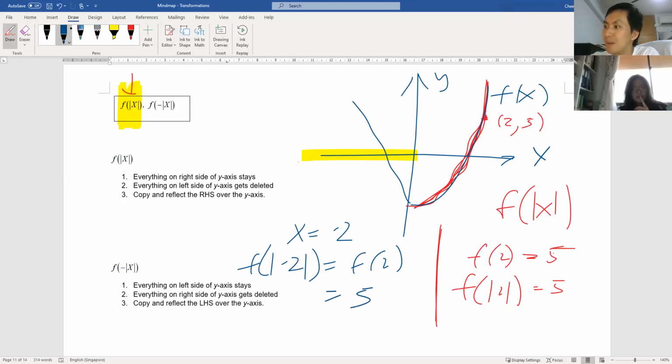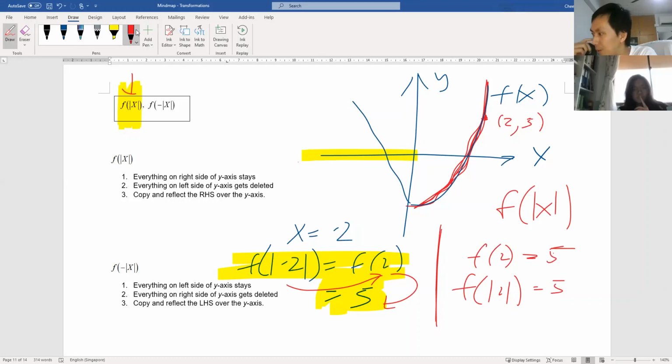Remember a function is like a mapping procedure. If -2 shows up and asks what value it should get mapped to, you are telling it, just take reference from your positive counterpart. And then the positive counterpart says, I'm going to 5. Hence, if you were to plot it out, -2 should go to 5. If you do it for all the negative x values, they will mirror their positive counterpart as a result.